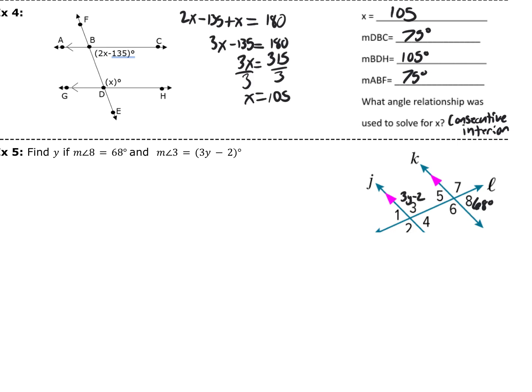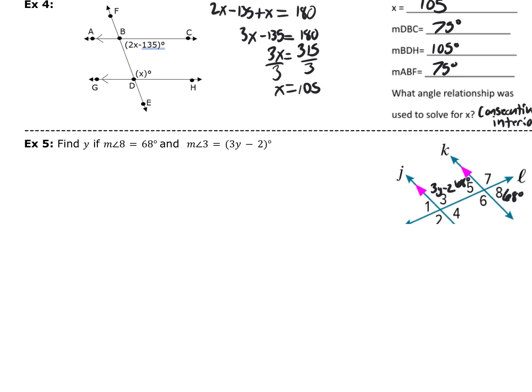We know that angle 5 has to be vertical to 68 because it's vertical to 8. So that's also 68. And I know that 3 and 5 are consecutive interiors, so that means they add up to 180. So 3y minus 2 plus 68 is equal to 180.